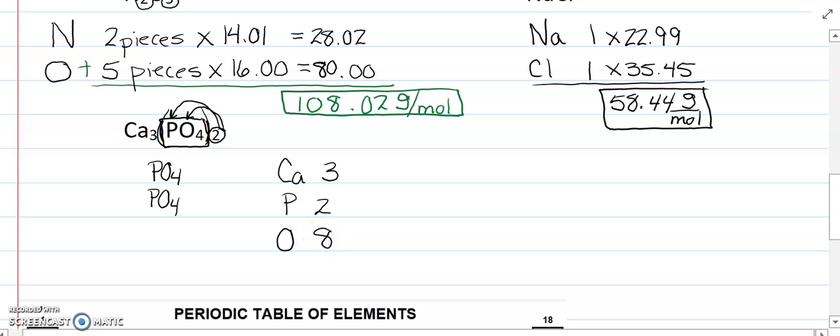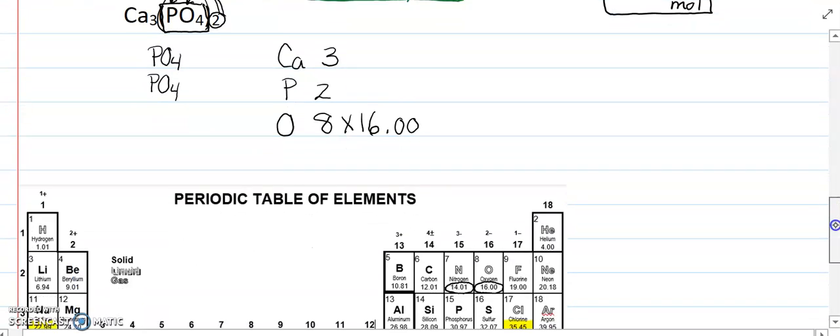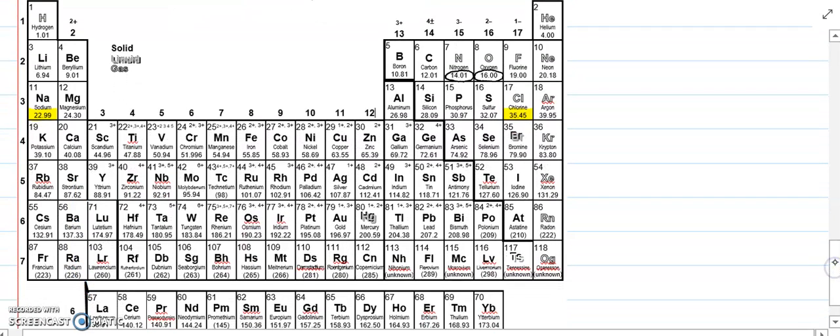Now we already found the mass of oxygen up here to be 16. So let's check out the mass of phosphorus and the mass of calcium on my periodic table. So calcium has a mass of 40.08, and phosphorus has a mass of 30.97.